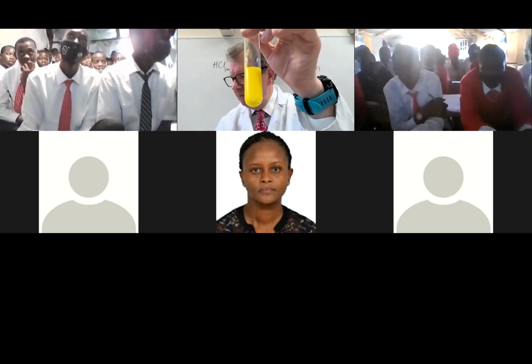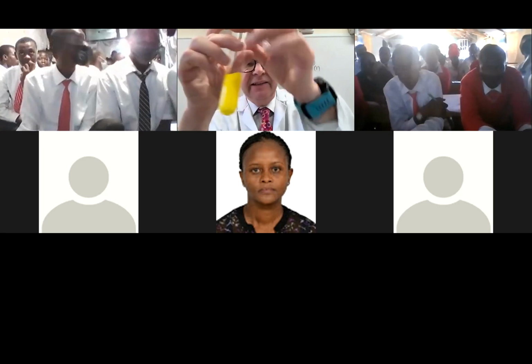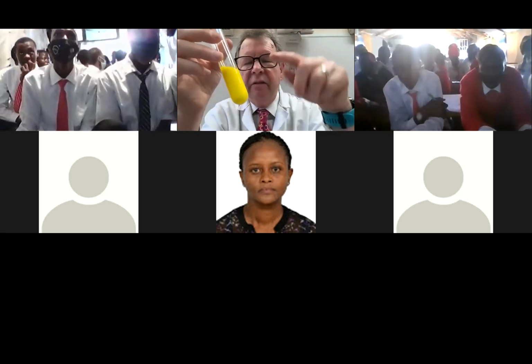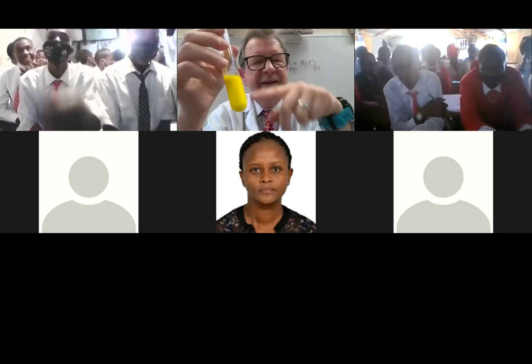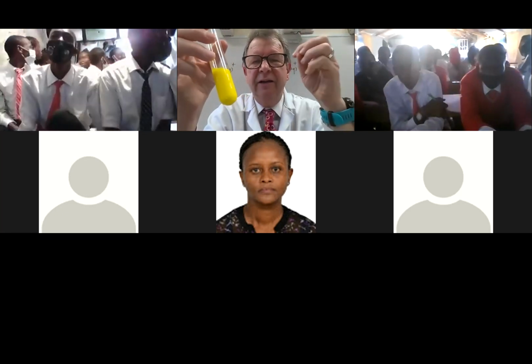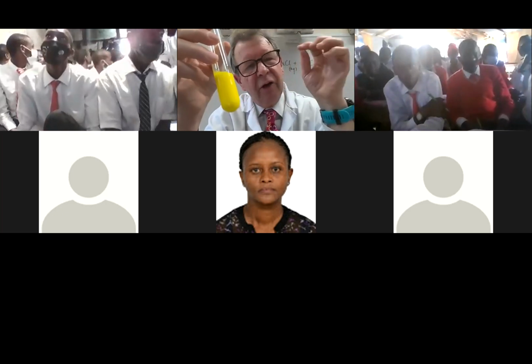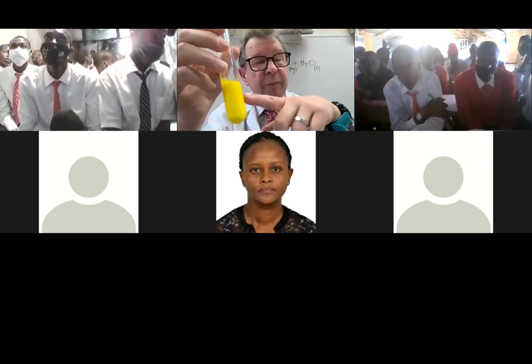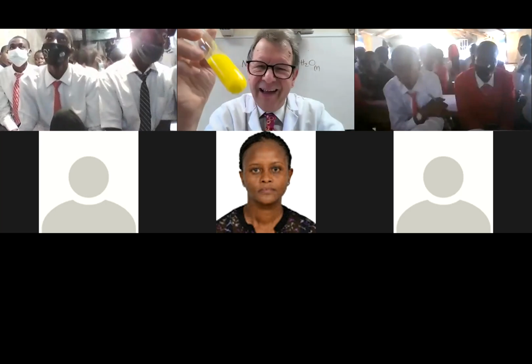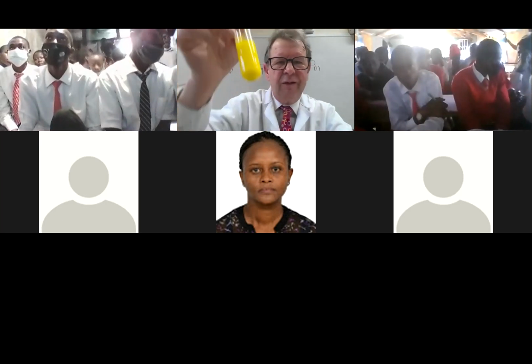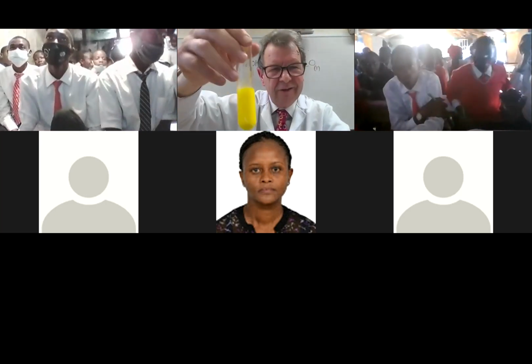That is crazy. This is precipitation. The yellow solid in here is lead iodide. Okay, lead iodide. In this, we would write an ionic equation which would show this as being something new. That is crazy. I hope you think that's crazy.